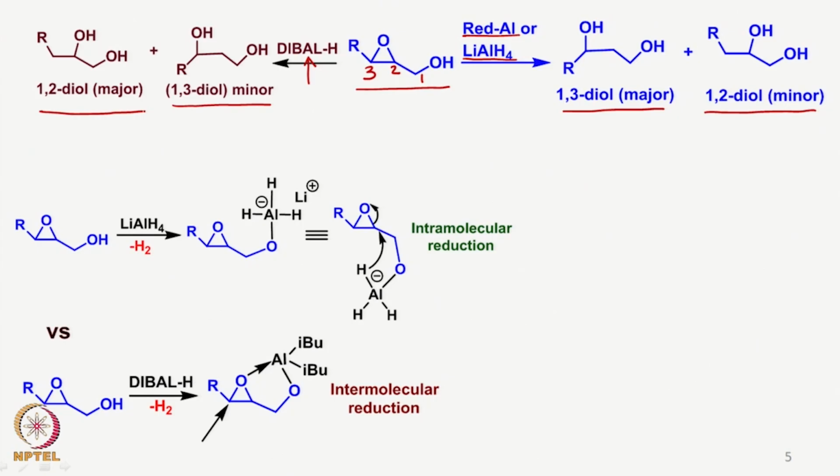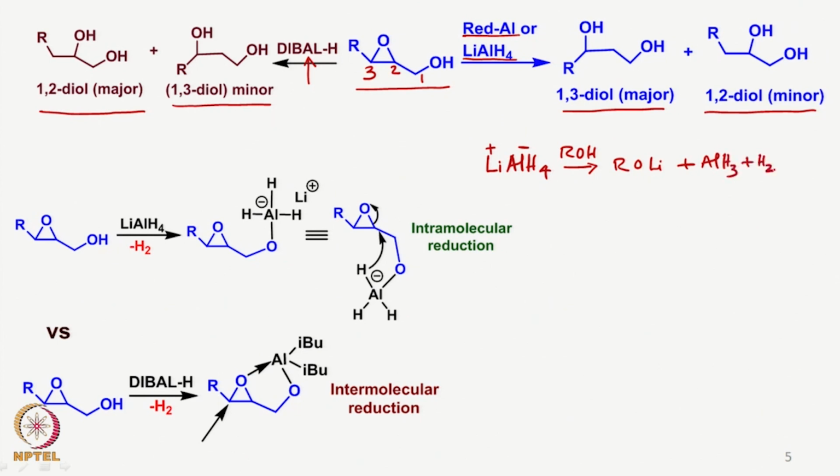Now lithium aluminum hydride, when it comes in contact with any alcohol, as I mentioned earlier, leads to the expulsion of hydrogen gas after the OH of the alcohol or water reacts with the lithium aluminum hydride. So you have lithium aluminum hydride as a species which has a negative charge here and a positive charge here, and when it comes in contact with ROH we get here ROLi and of course AlH3, and hydrogen comes off.